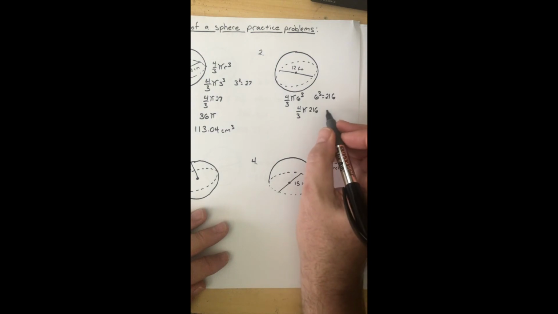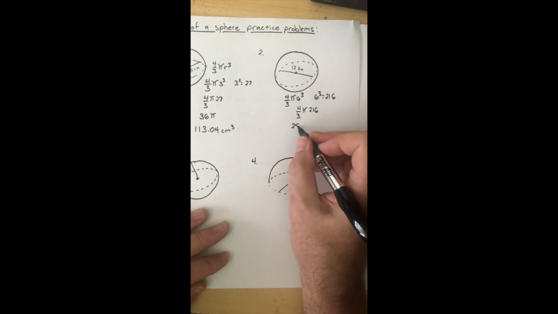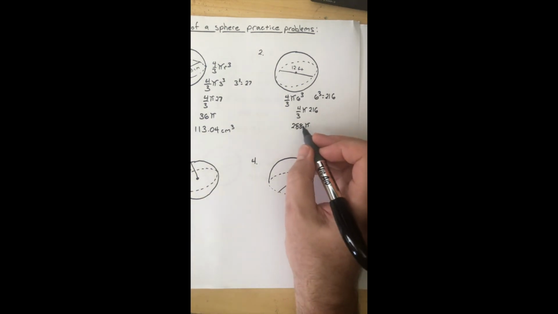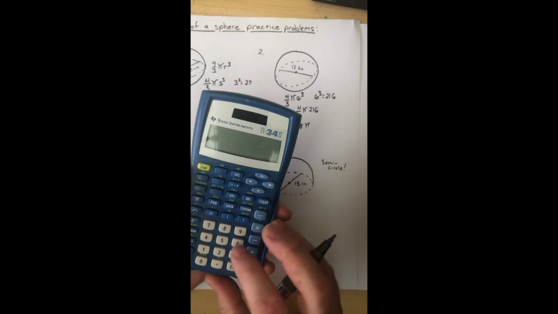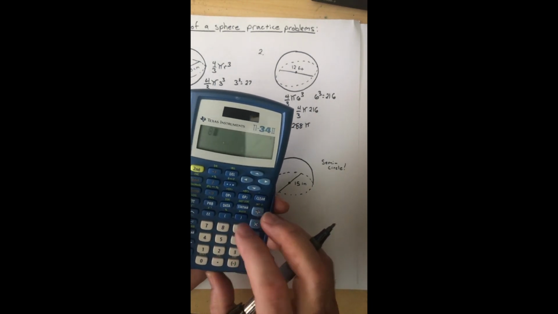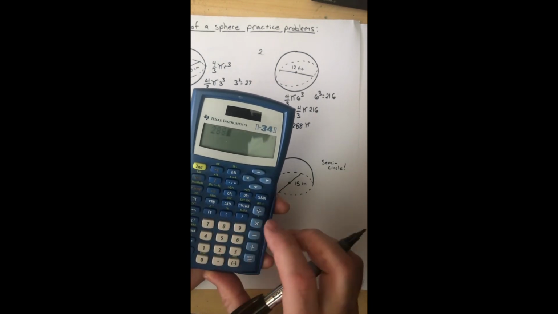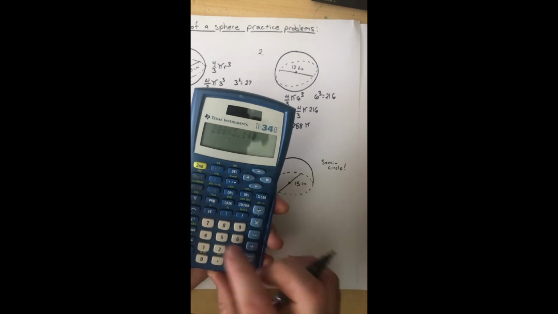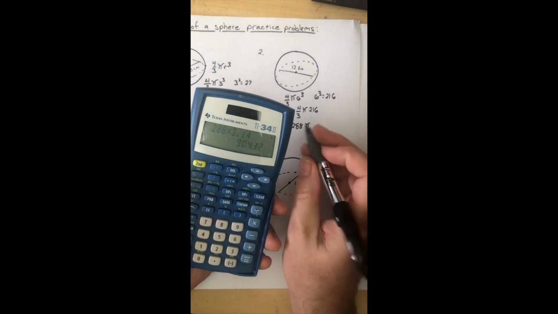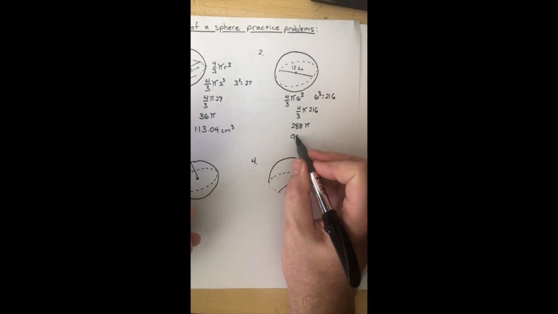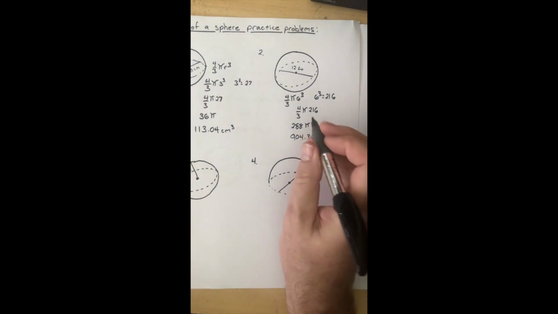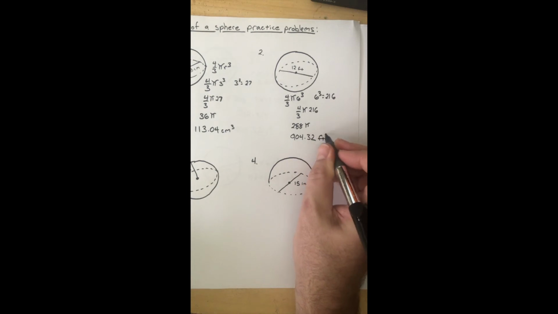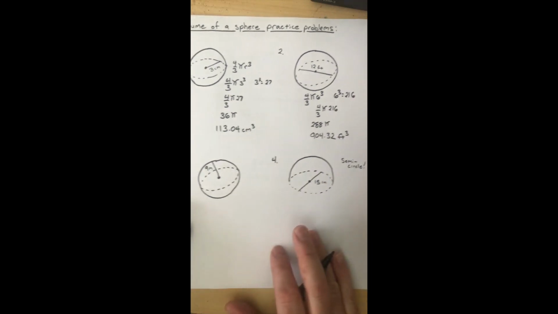And 4 times 72, I already told you, is 288 pi. So 3 times 288, that's going to be somewhere around 900, the way I look at it. And so we've got 288 times 3.14, and you get 904.32, and that is going to be feet cubed.